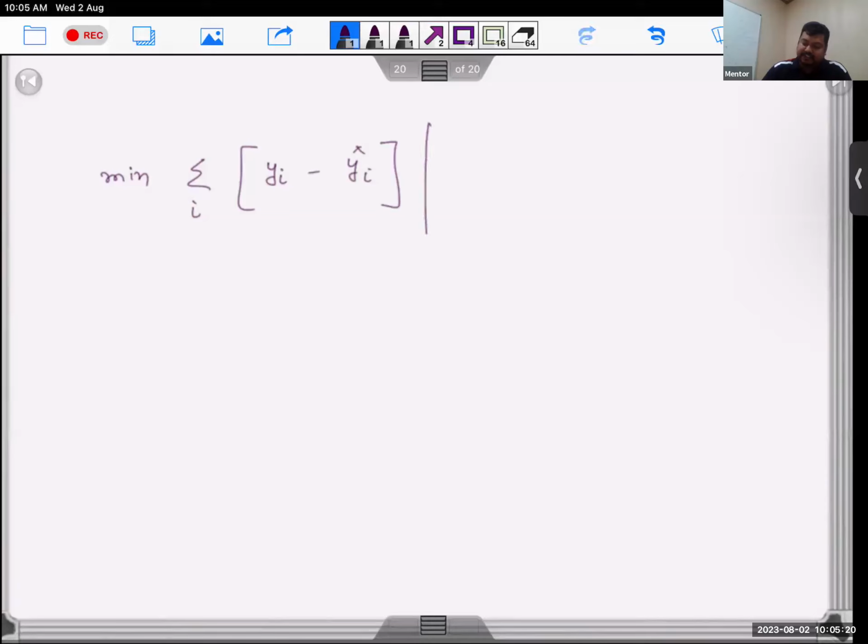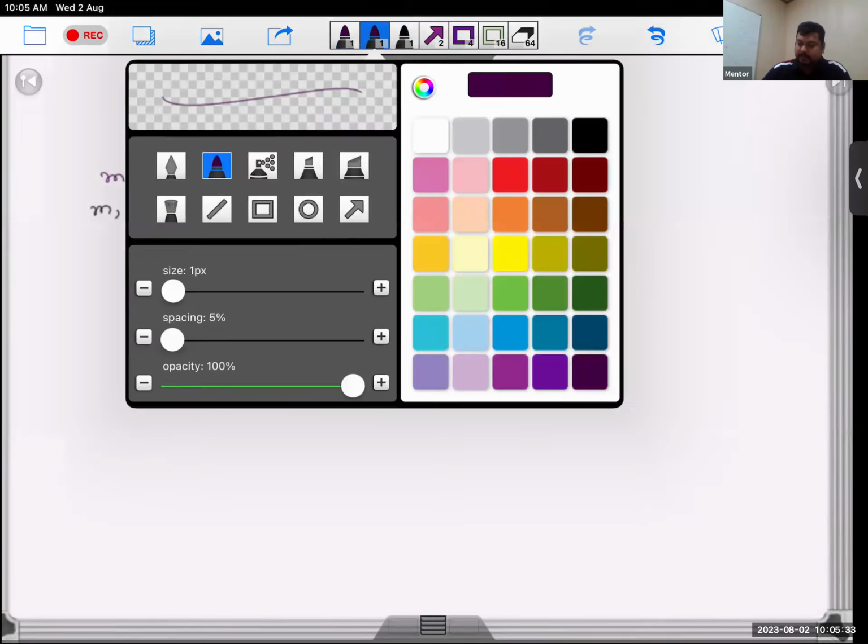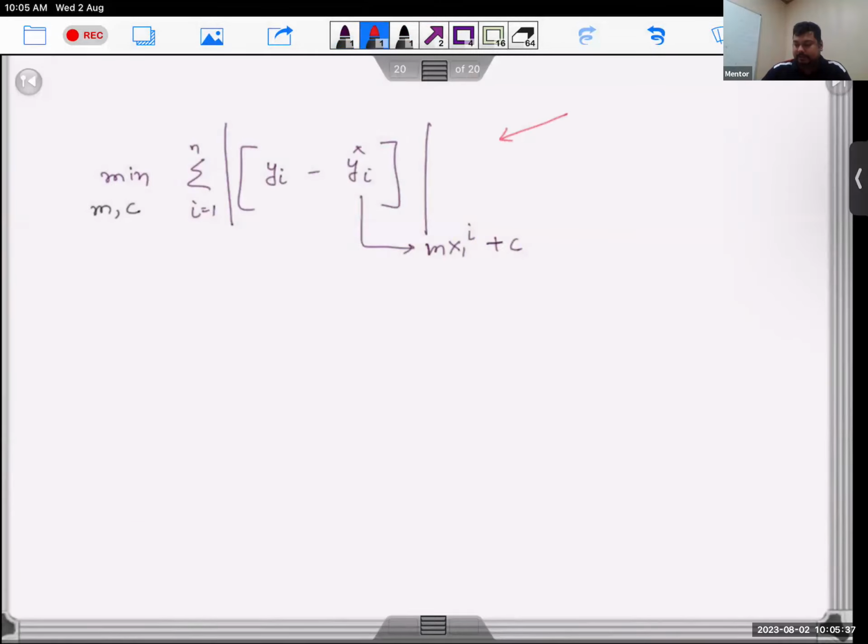This was the function. I was taking the absolute of it. Is this function differentiable? We just discussed so much about absolutes. No.